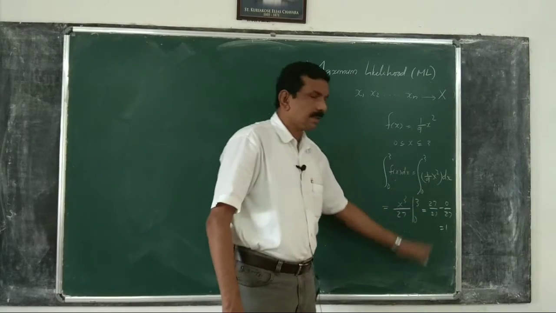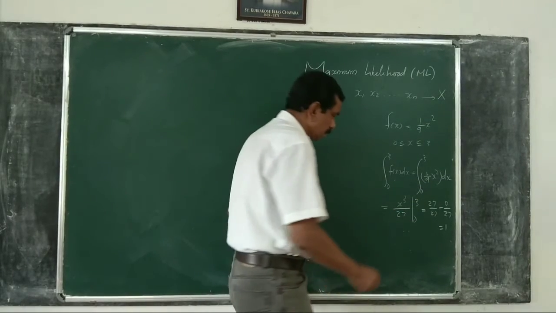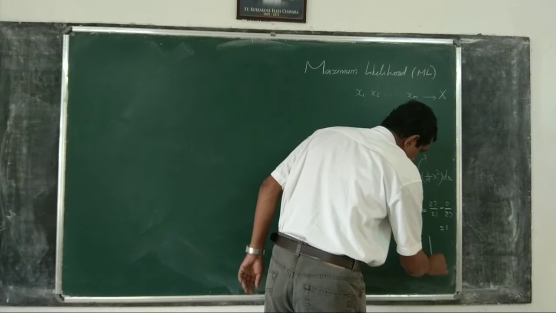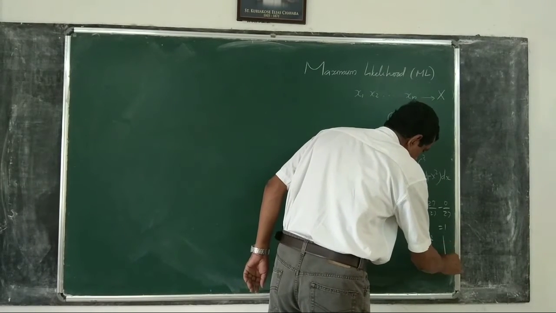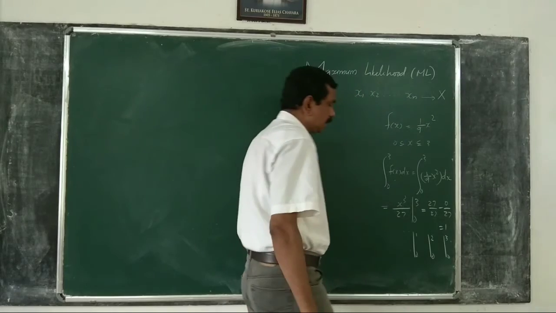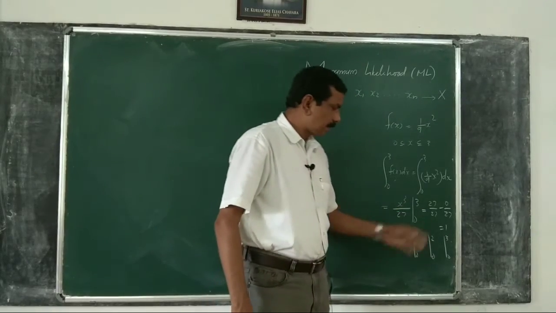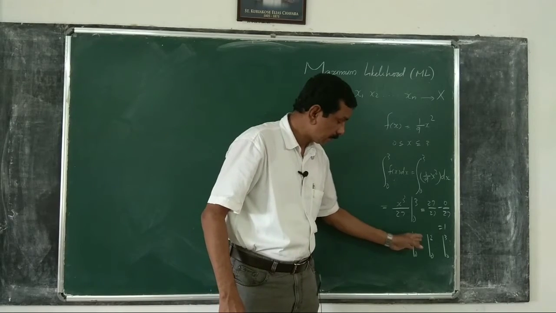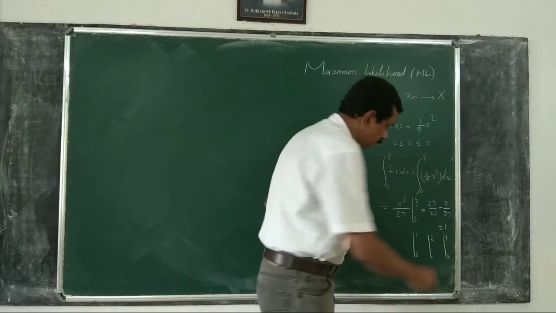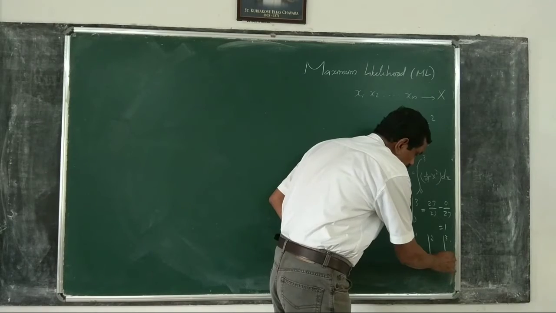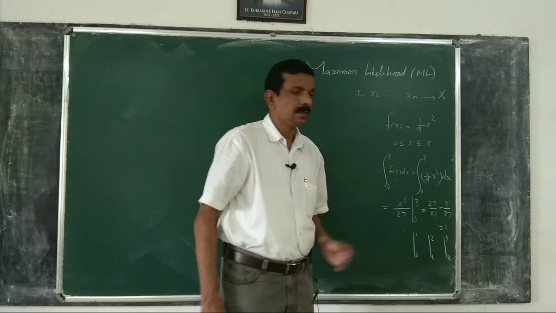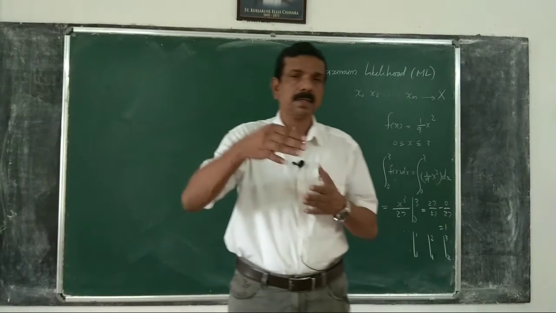Similarly, if you integrate between 0 and 1, 0 and 2, 0 and 3, etc., you can calculate the probability of x lying between the intervals 0 and 1, or 1 and 2, 2 and 3, etc., if we are considering a continuous random variable.